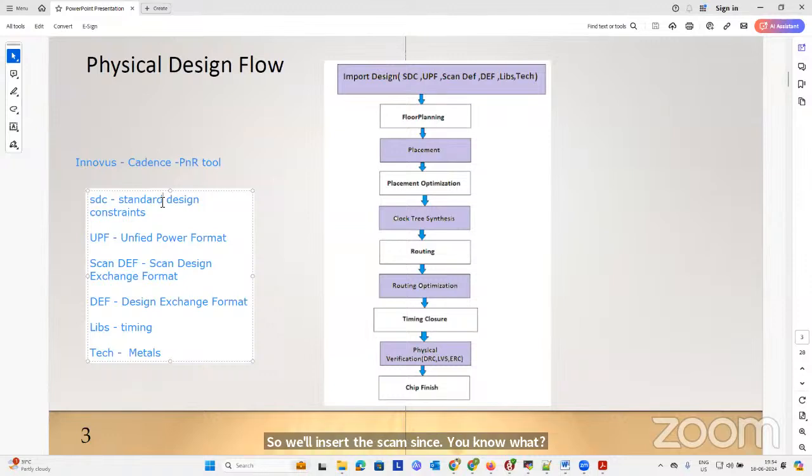If we have some macros, soft macro or hard macro, that macro is already completely designed and we want to use that logic in our design. So we will take it as a DEF file format. DEF is design exchange format. It can be designed in Cadence, in Synopsys, or in any other tool also.